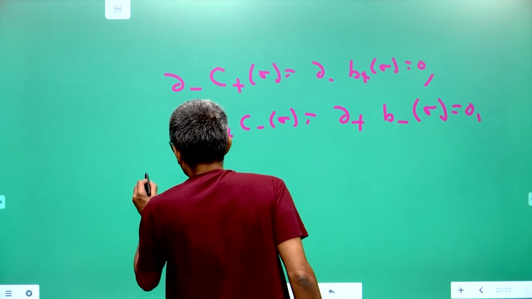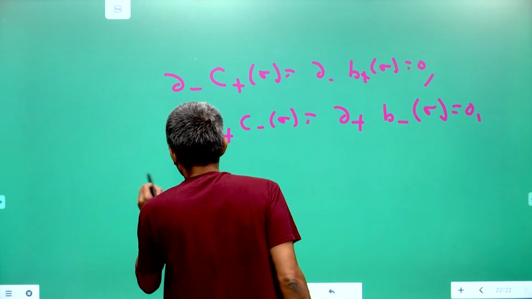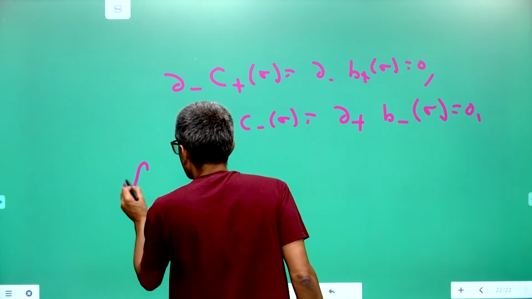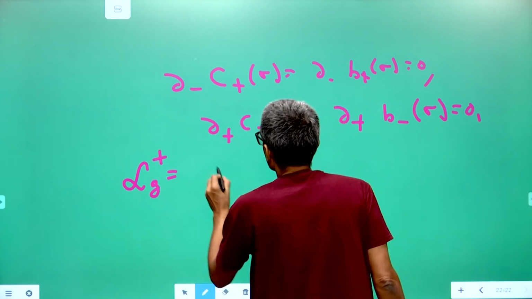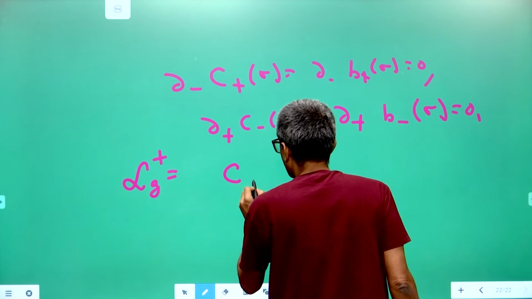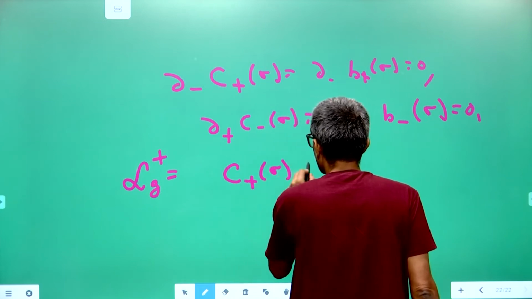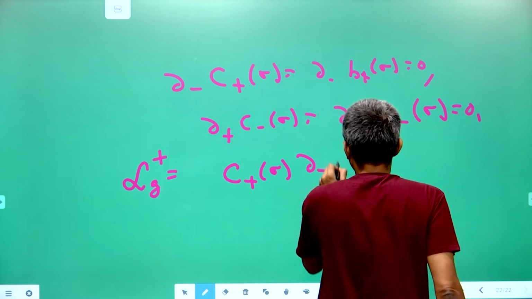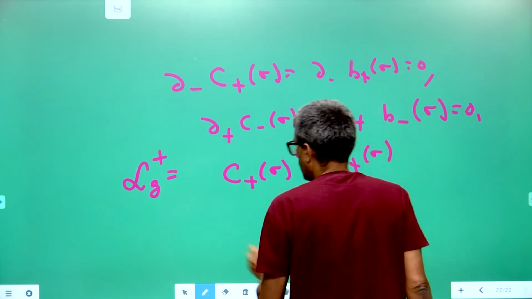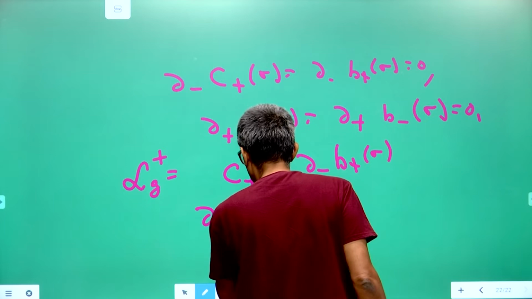So, you can now introduce, when you have a Lagrangian, suppose you take the plus part of the ghost, for example, let us say I consider the ghost Lagrangian to be equal to only the plus part. So, that is equal to C plus sigma dou minus B plus sigma. So, what is the canonical momentum corresponding to this?